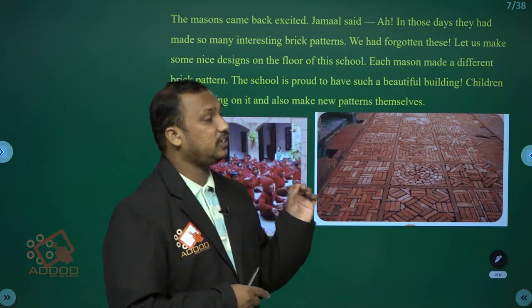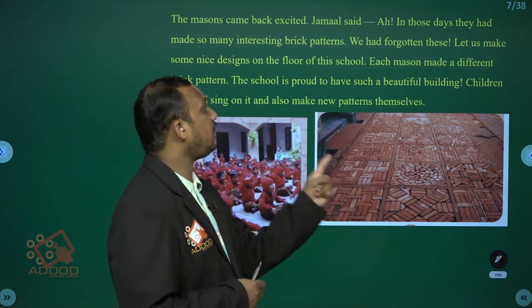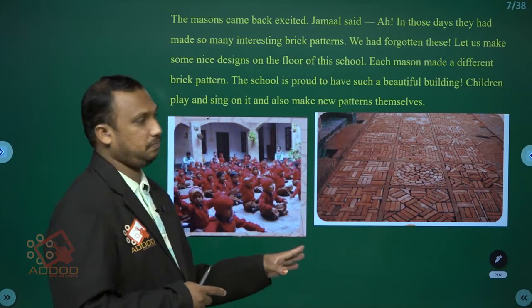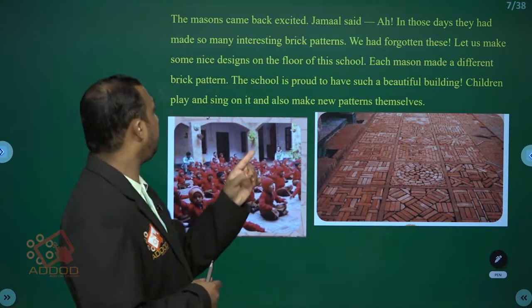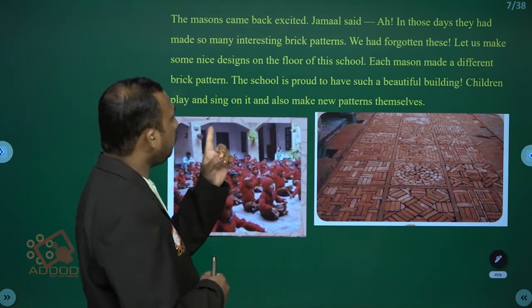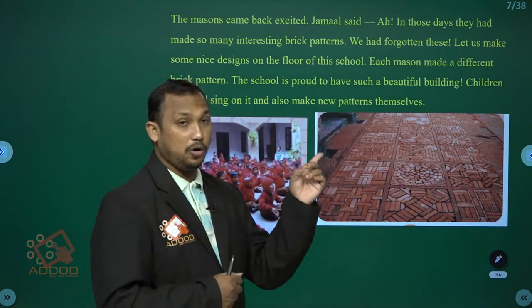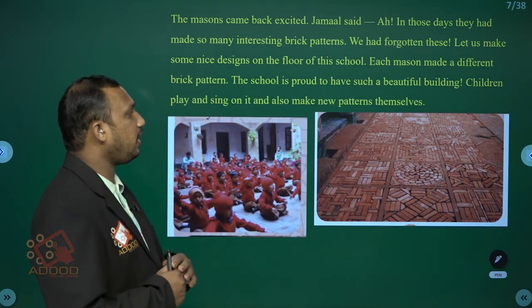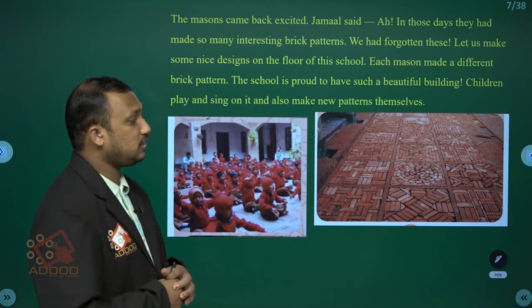We had forgotten this. Let us make some nice designs on the floor of this school. Each mason made a different brick pattern. The school is proud to have such a beautiful building. Children play and sing on it and also make new patterns themselves.